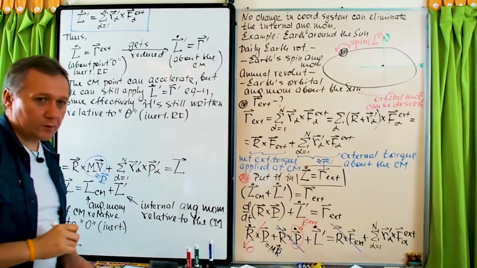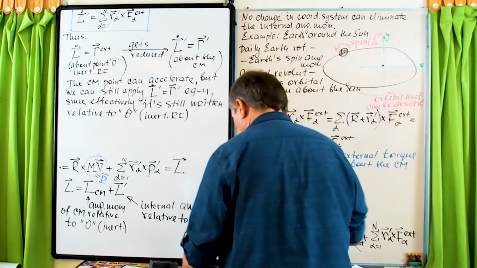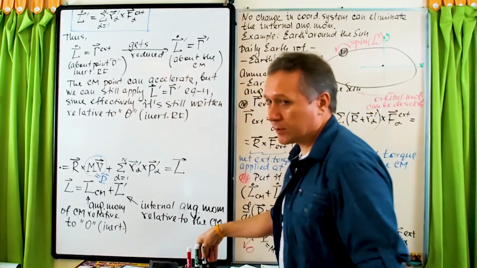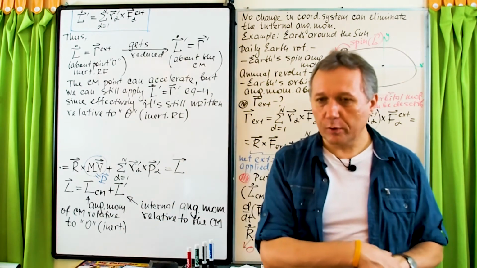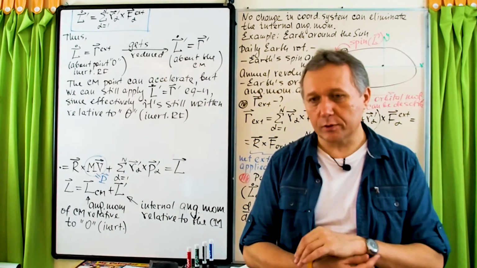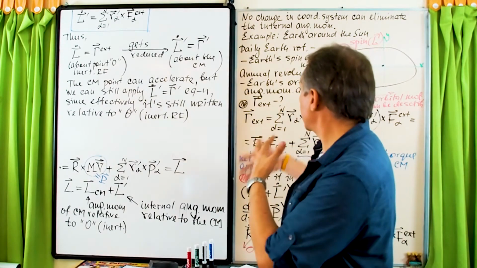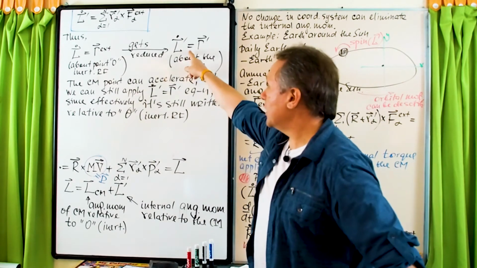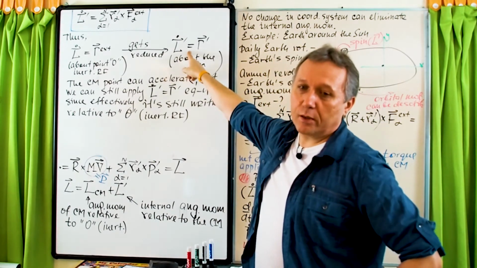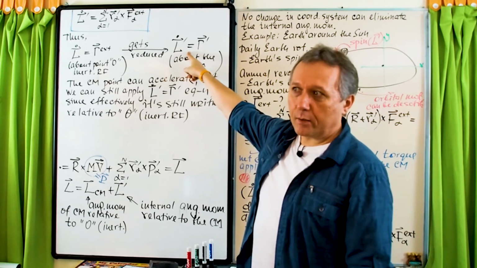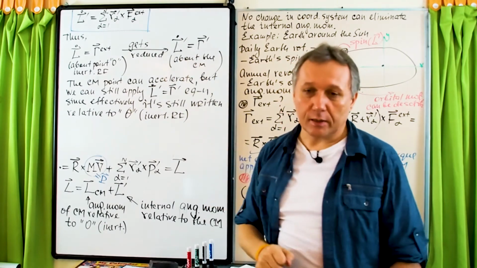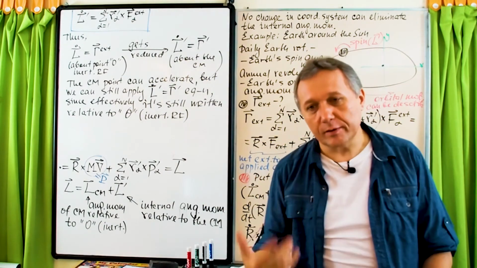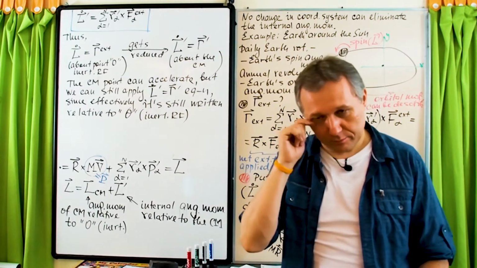Right. So that's the explanation. That's why we can still continue using that trick: translational motion of the center of mass relative to some inertial reference frame, plus rotational motion about the center of mass, and we still use this equation, which again looks like rotational Newton's second law, written relative to the center of mass.